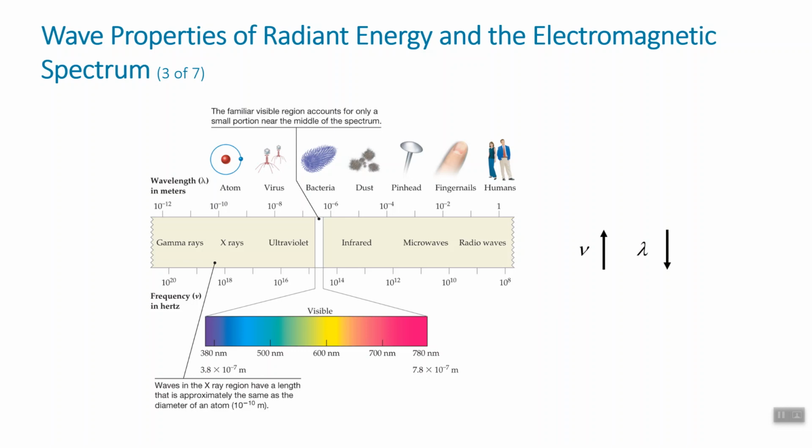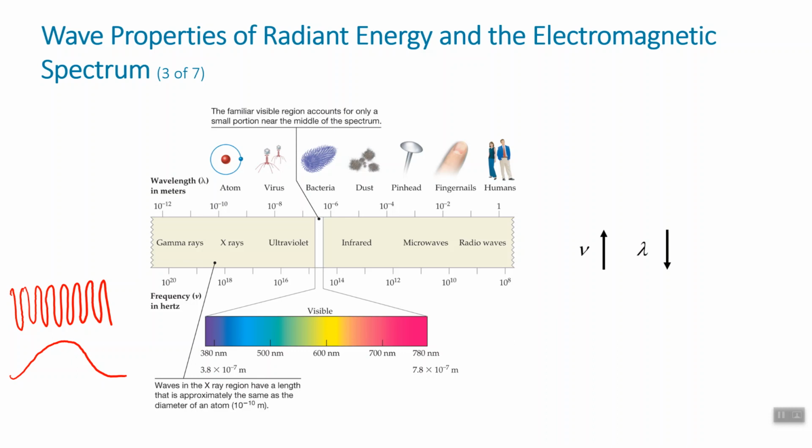As you get smaller in wavelength, you actually have a higher frequency because you have more little oscillations. But if your wavelength is long, then you have a lower oscillation frequency, so fewer cycles every second.